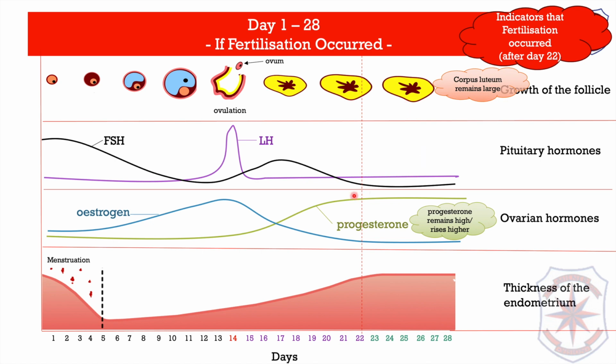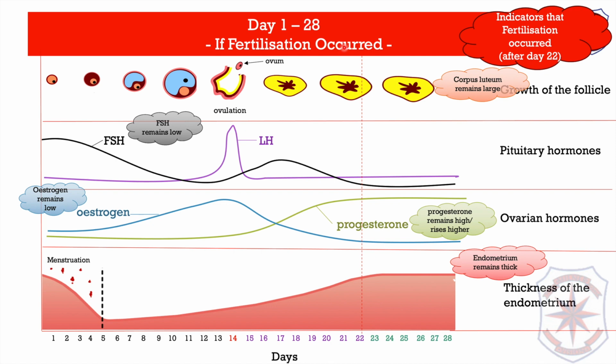Progesterone levels remain high or rise higher. Then the endometrium remains thick or becomes even thicker. Estrogen levels remain low, as well as FSH levels remain low. So that is our indicator.